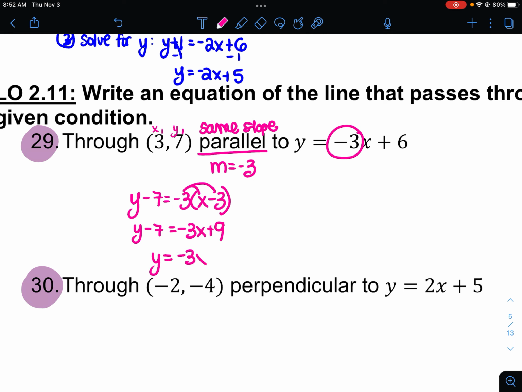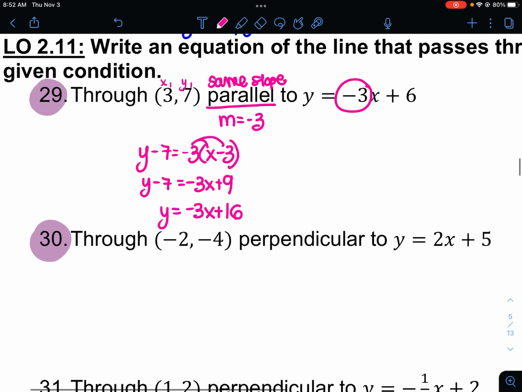Add your 7, and you get y equals negative 3x plus 16. That is obviously a different equation than the one that I gave you, but they have the same slope, so they are parallel. The only thing you use that equation for is the slope, nothing else.